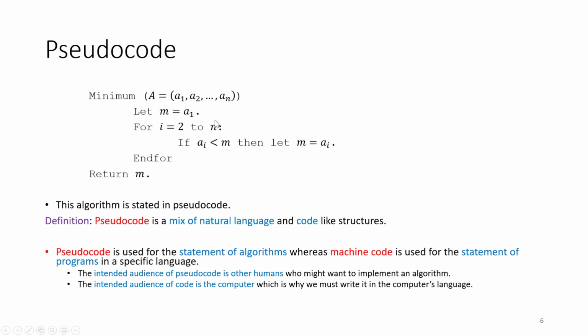Okay. And then again, maybe that brings up the important reason: why do we write in pseudocode? Why not write this in Java or Python or however I'm going to need it when I write it? The reason is the intended audience of pseudocode is not the machine. It is someone else. It's another human. And so the reason I write this is the easiest way to communicate to you, the other human, what the algorithm looks like, without having all the extra little details that we might have if we wrote, say, a Java program.